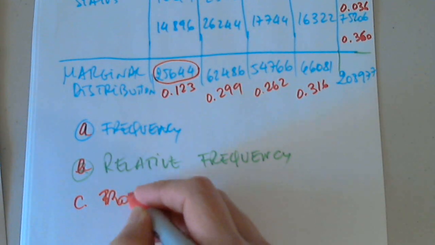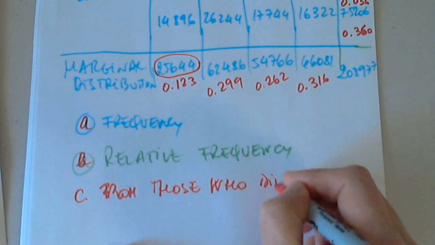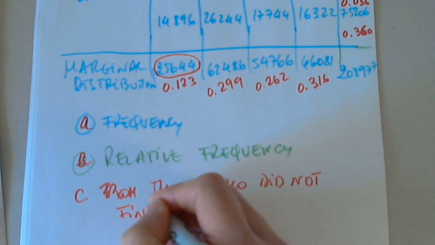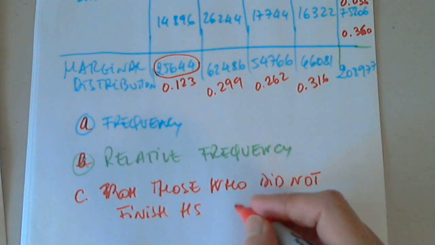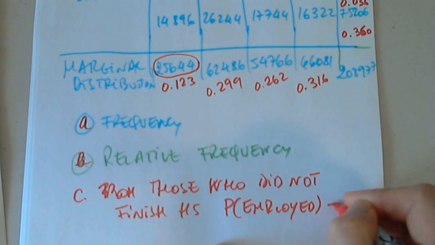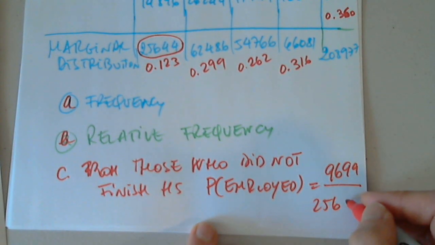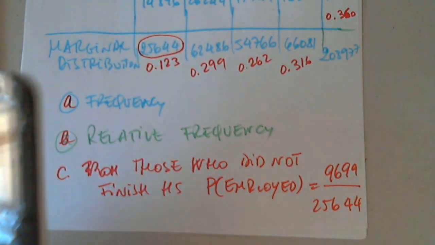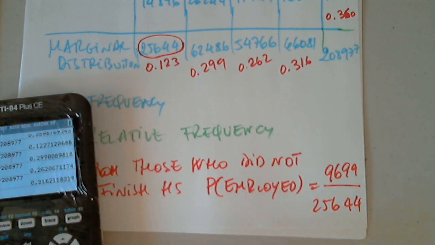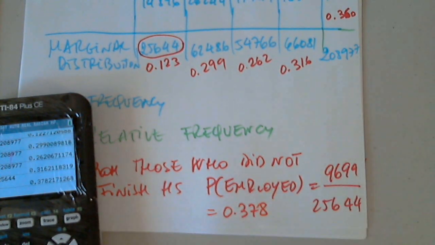So from those who did not finish high school, the proportion of employed is 9699 over 25644. And that's the proportion. 9,699 divided by 25,644. Okay, so the probability is 0.378.